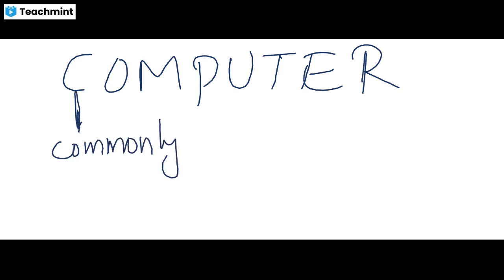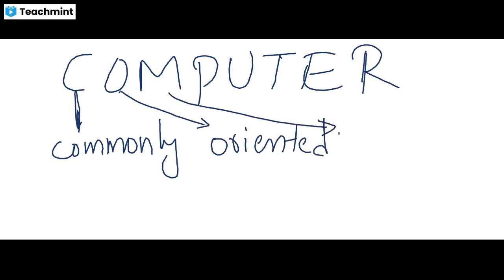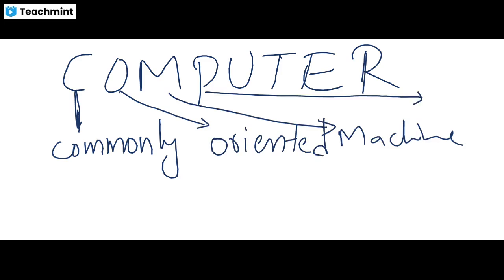Commonly. O means oriented. Commonly oriented. M means mission. Commonly oriented mission. Particularly.